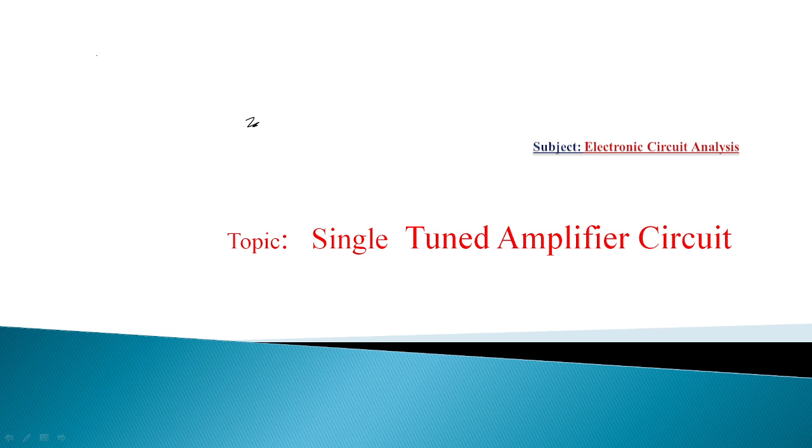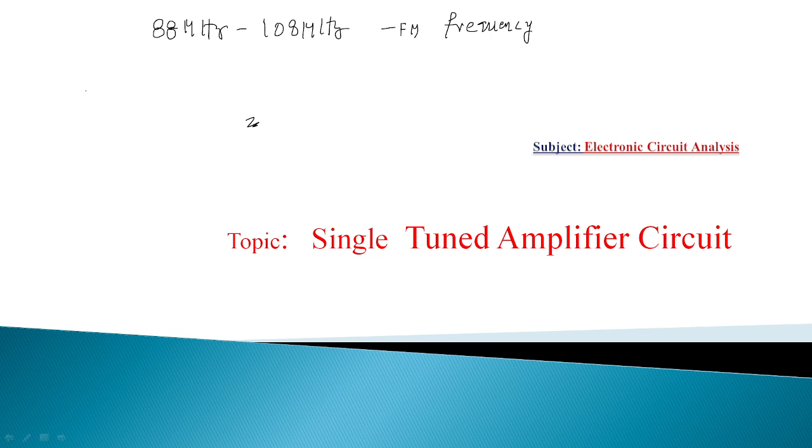For example, in free space, FM radio signals are transmitting, just assume, in the frequency range of 88 megahertz to 108 megahertz. So these are the FM radio frequency transmitting signals.